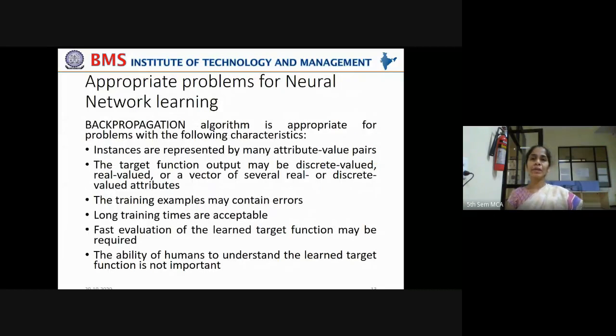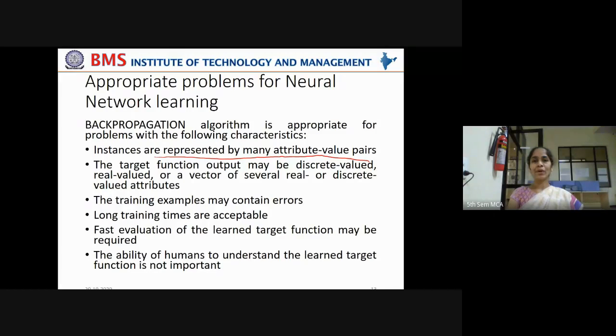Now, what are the appropriate problems for neural network learning? The backpropagation algorithm is appropriate for problems with the following characteristics. Instances are represented by many attribute-value pairs. Like in a decision tree. In a decision tree also we have attribute-value pairs, right? Humidity normal, humidity high, humidity low, or rain more, rain less.